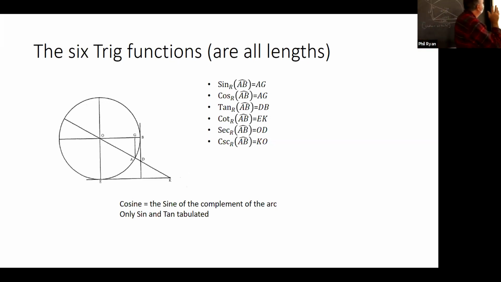But the thing is, you had lots of different sines and cosines, and it all depended upon the reference circle that you used, so it depends upon what the radius of the circle is.